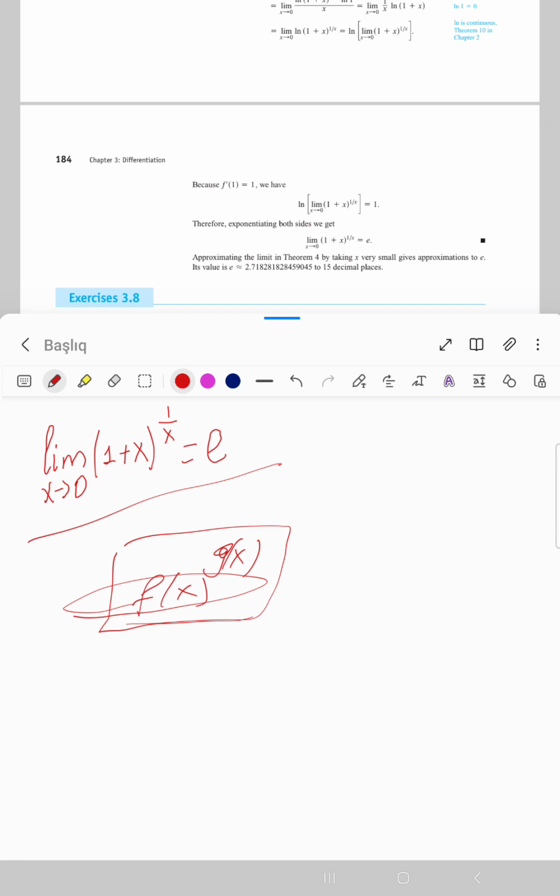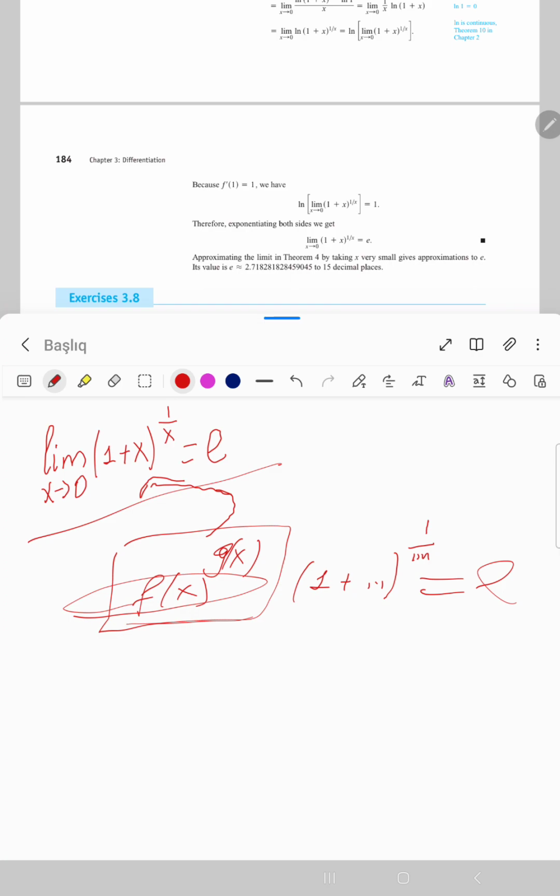But somehow you will be able to convert it to 1 plus something to the power of 1 over that something, which will always give you e.